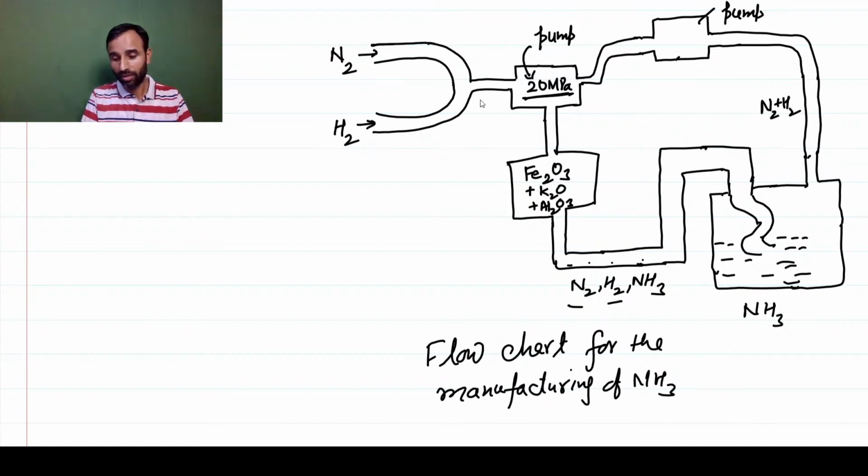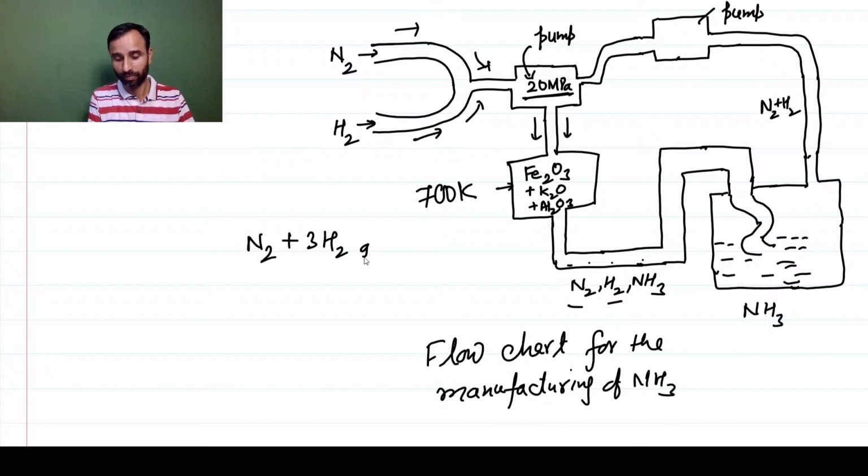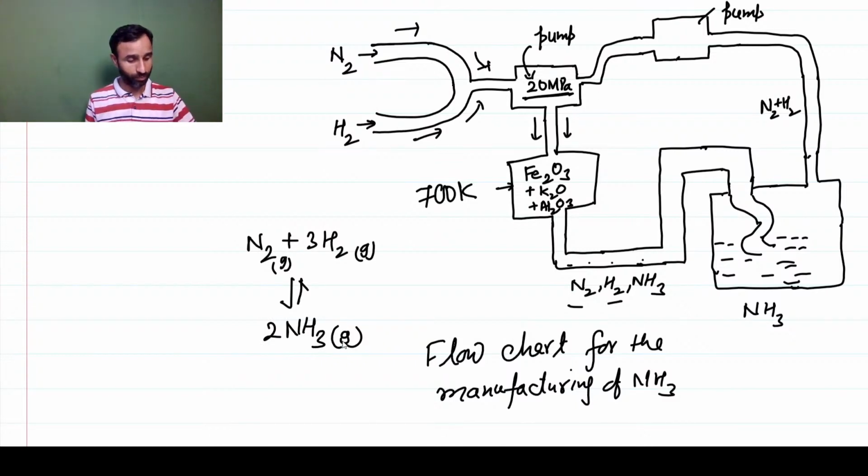Then that gas is mixed with these catalysts in the chamber which is maintained at 700 Kelvin, and therefore N2 and H2 react to give ammonia gas.